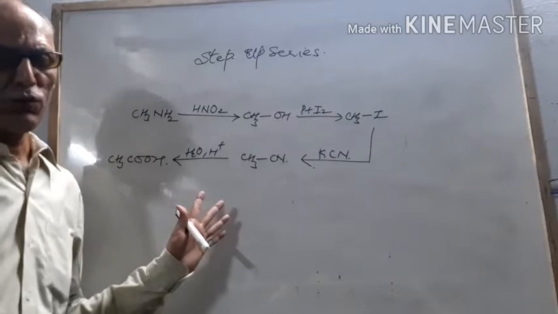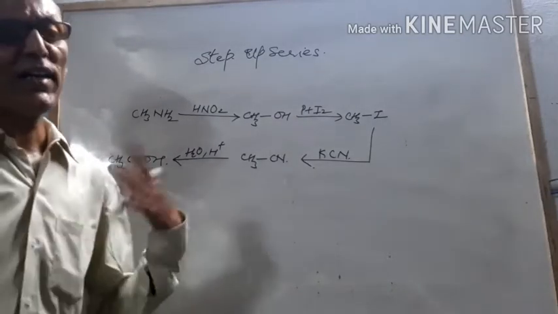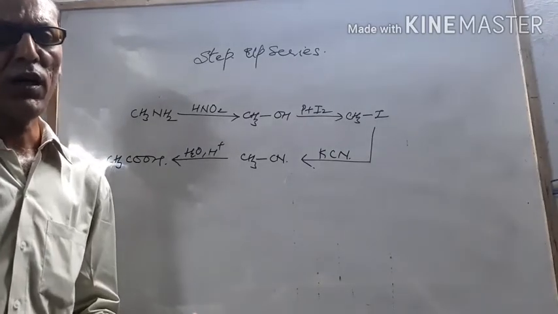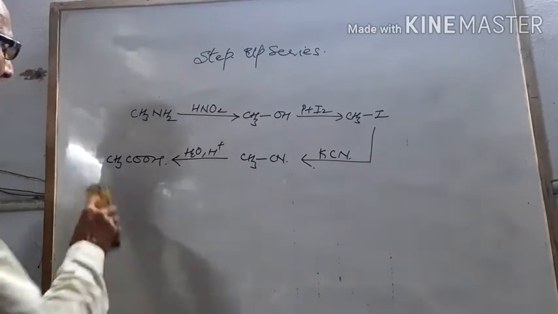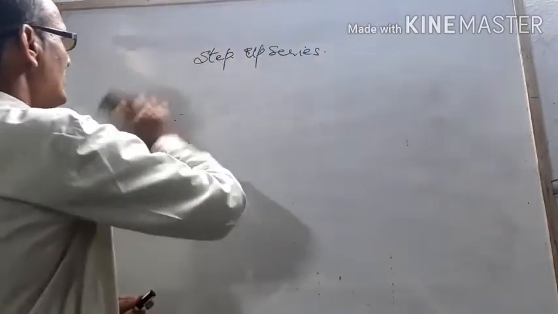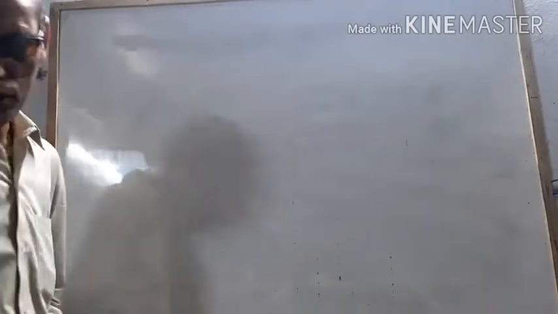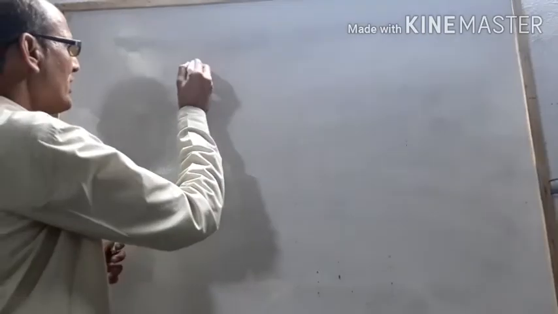You can do other examples also. But if you want to do ethylamine to methylamine, that means you want to decrease the carbon. So now we are moving towards the step down series or descent series, in which one carbon will decrease, step down series.